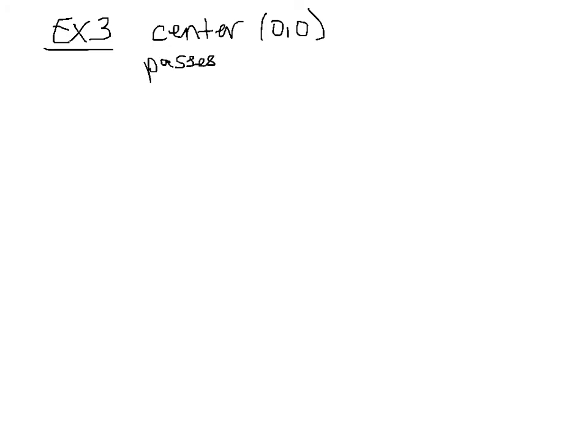The next example I want to look at is one more where we write the equation and graph it, but I give you a little bit different information. So this would be your example 3 of graphing them. If I tell you that the center is at (0, 0), and it passes through, let's say this one passes through the point (3, −6).